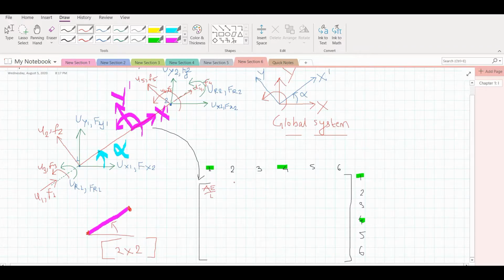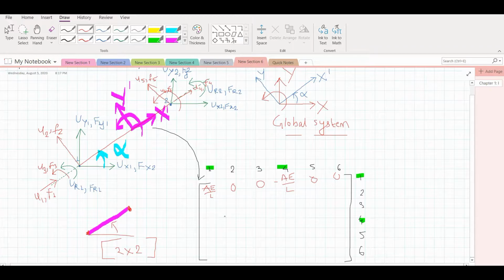Now, because it's axial, this won't have any effect in the second or third degree of freedom, so you can just write 0, 0. But in the fourth one, we'll have a negative value here equal to this one. This will not affect these two values as well.